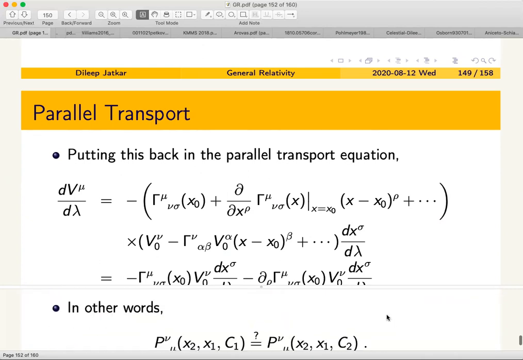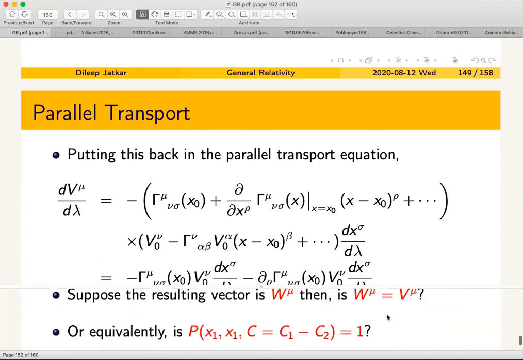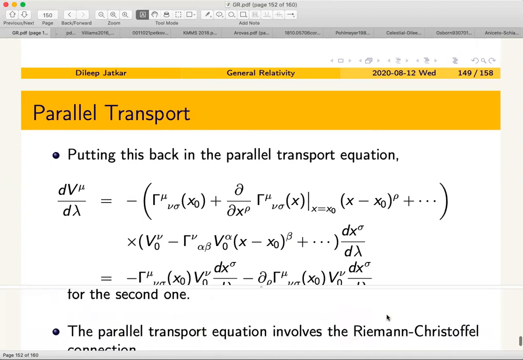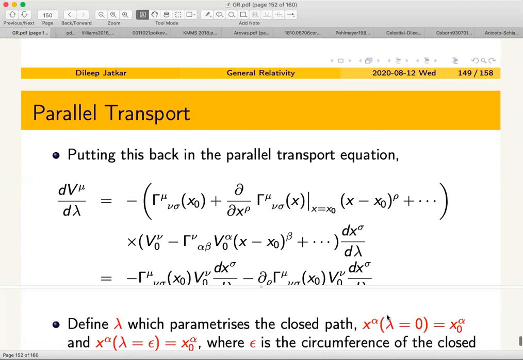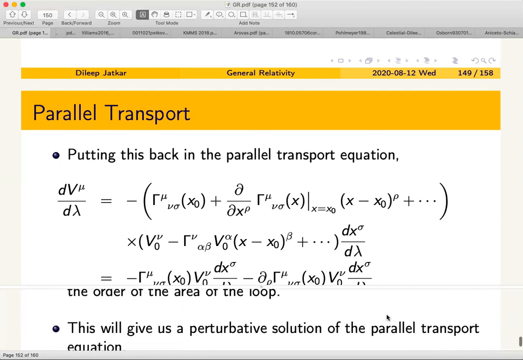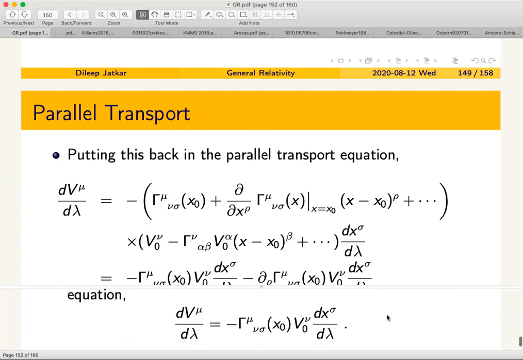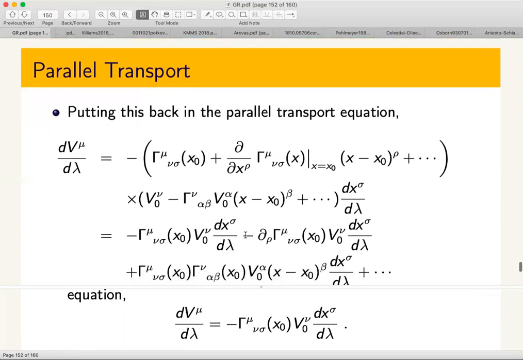I just want to know. Yes, sir. Okay, good. So we are basically doing a perturbative solution. This is a leading order form from which we got this kind of expression. Then we substitute that on the right hand side and we get this equation now.